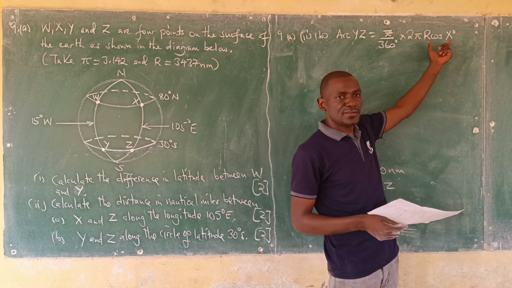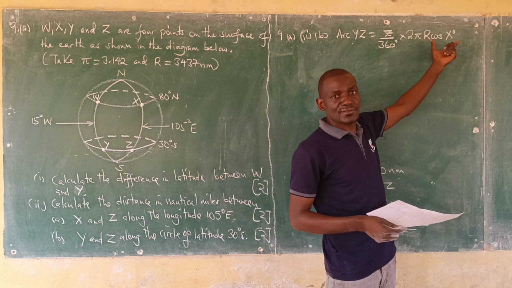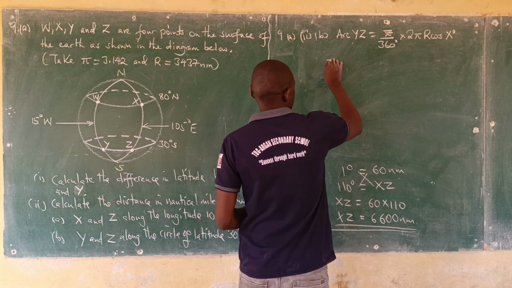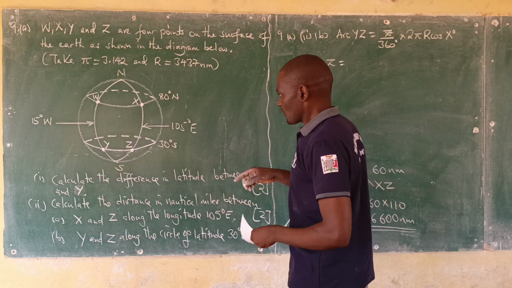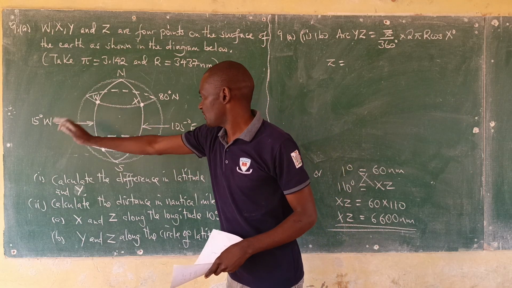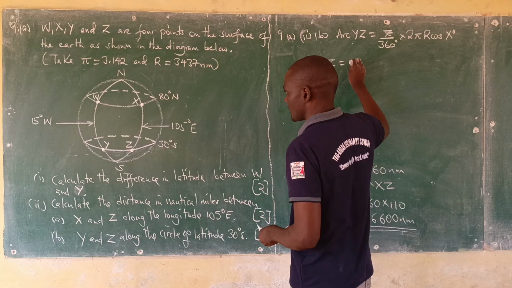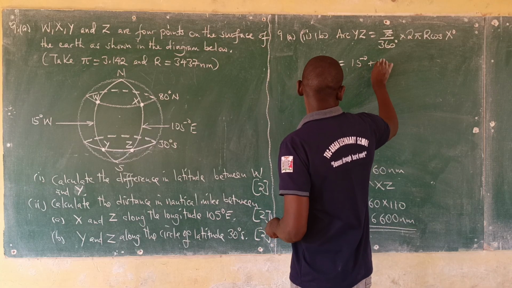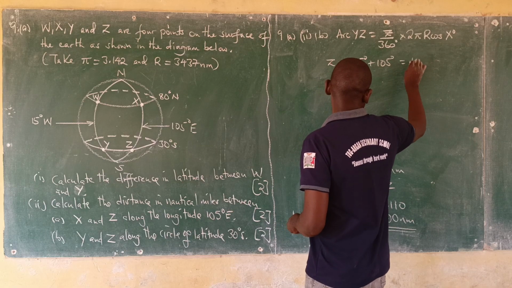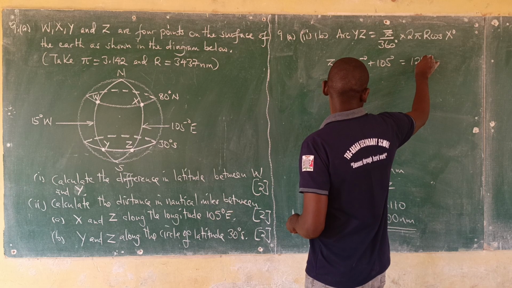It has this part. Remember, this is just the radius of the latitude. So from there, our Z is equal to, this is on 105 degrees east, that is 15. So we still add 15 degrees plus 105, and that gives us 120.